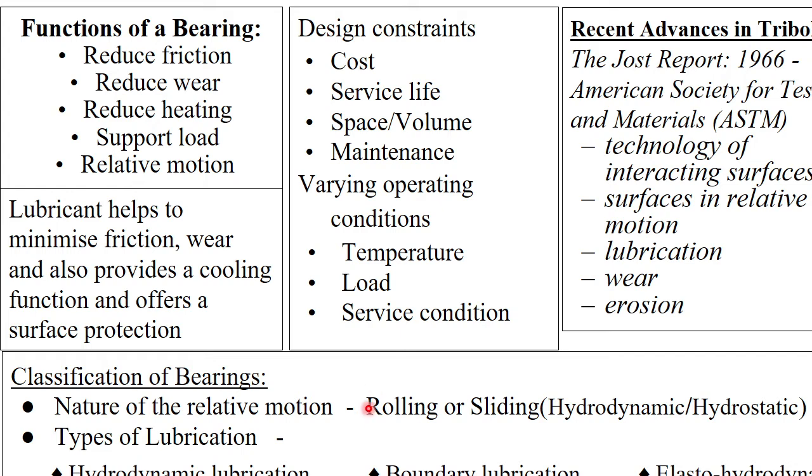This rolling contact bearing is altogether a different type of bearing, where the scope of design is minimal, where we need to select the bearing as per our requirement. In your case, the bearing design was mainly focused on sliding contact bearings, and in sliding contact there are mainly two types. One is hydrodynamic, the other one is hydrostatic.